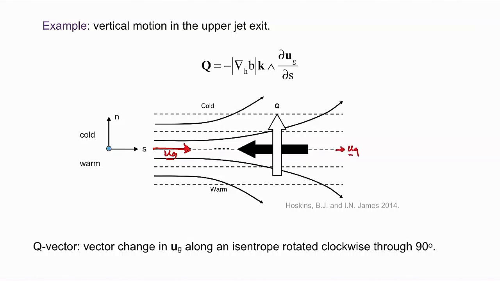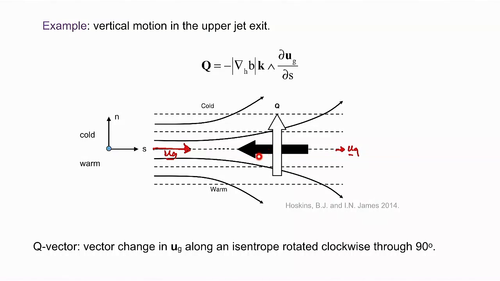So what we do now is, so what's our formula? Our formula is to work out the change in the geostrophic wind as we walk along the isentrope, and then rotate clockwise 90 degrees. So first thing, let's work out that change. Where are we? It's this minus that. So that's a vector in the opposite direction. That's the black vector here.